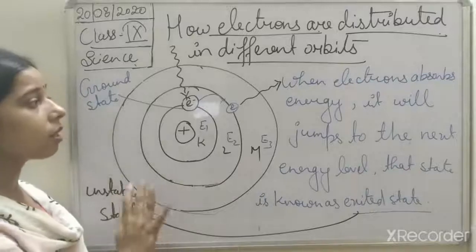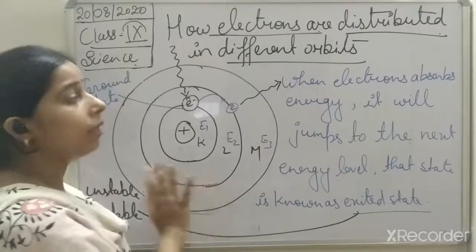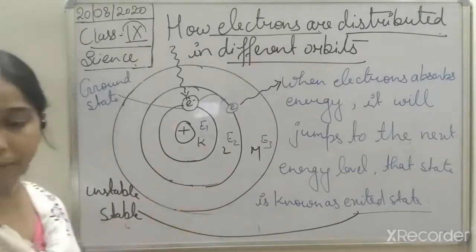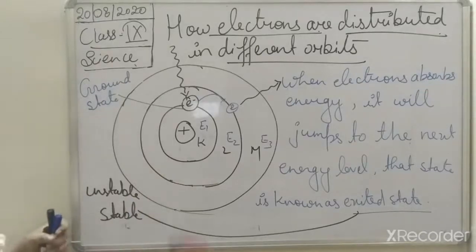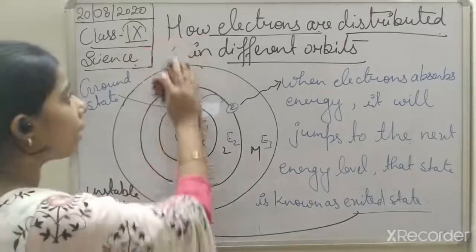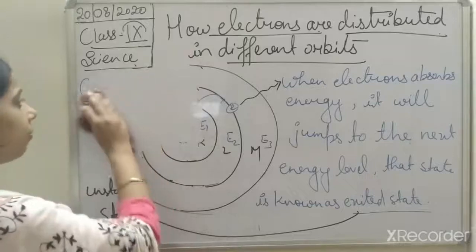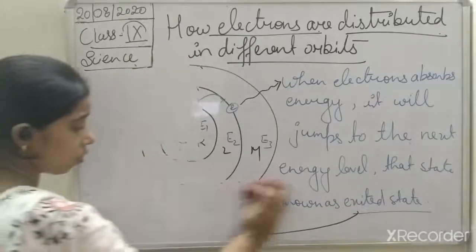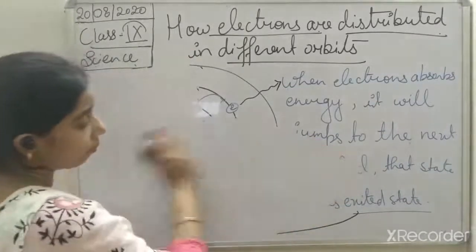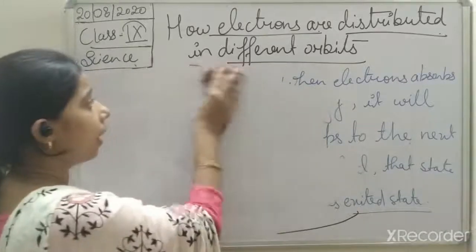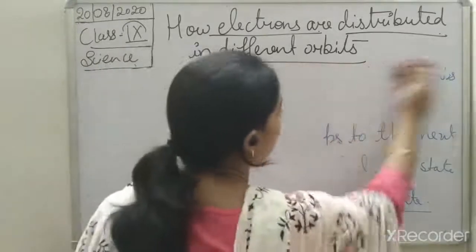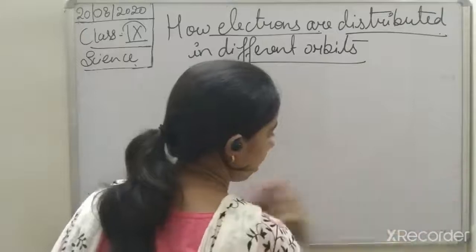Okay, so this is all about Bohr's model of the atom. By considering all these things, we are now able to distribute the electrons in the different orbits of the atom.